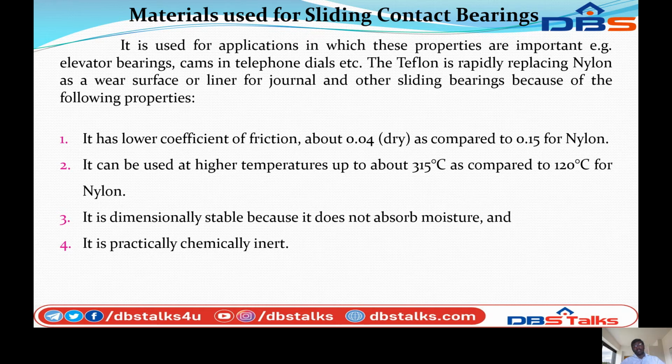It is dimensionally stable because it does not absorb moisture. And finally, it is chemically inert. So these are the materials used in sliding contact bearings.